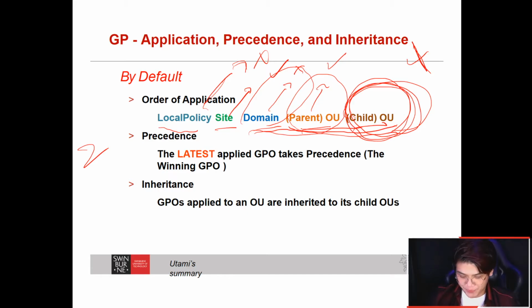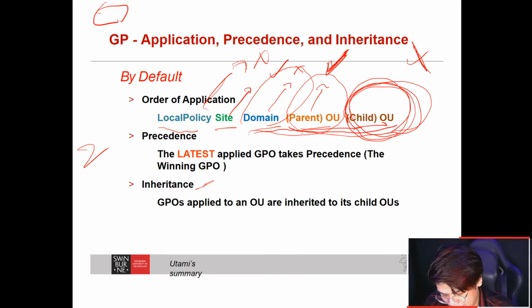Okay, so that's the inheritance part just now, right? GPOs applied to an OU are inherited by its child OUs. That's called inheritance. So for example, if you apply can change wallpaper to the parent OU, okay, this is the OU, and then under this OU there are more OUs, which are called the child OUs.